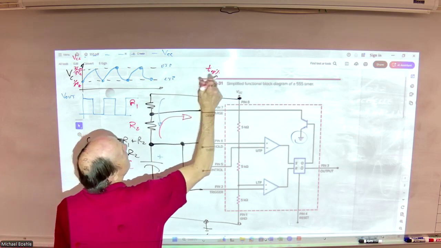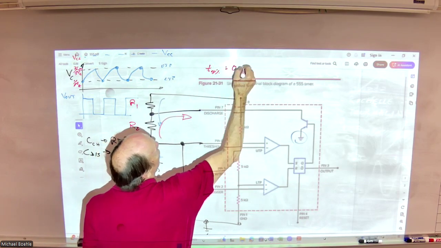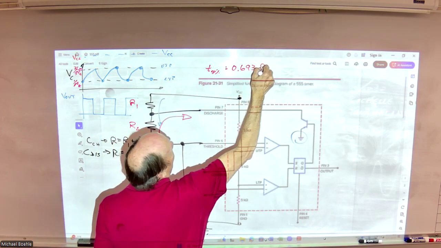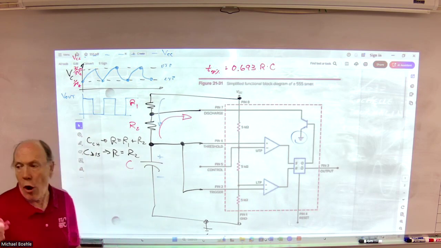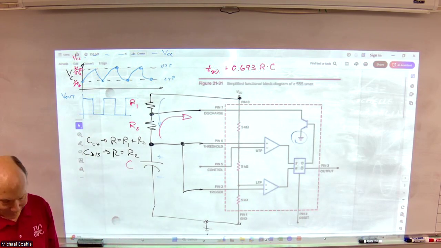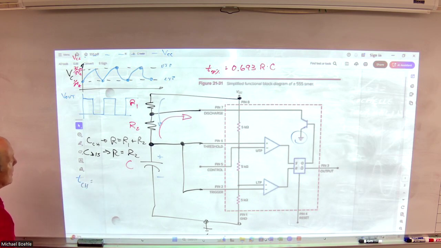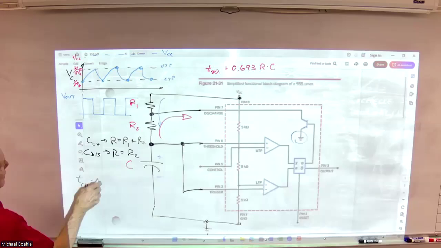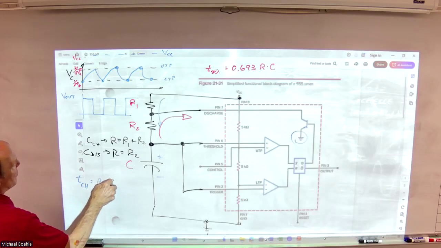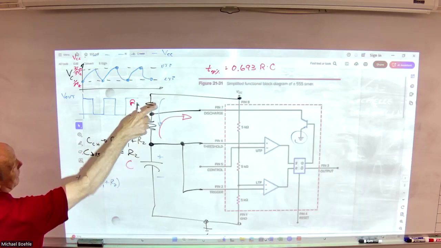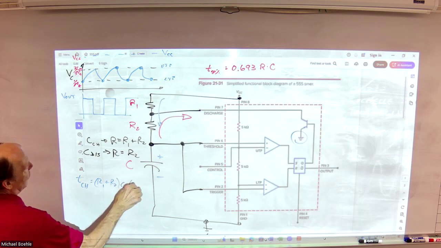If we go to our universal time constant and ask how long it takes to get to 50%, that time is 0.693 times the time constant, which is R times C. So my charge time is basically going to be (R1 plus R2) times C times 0.693.